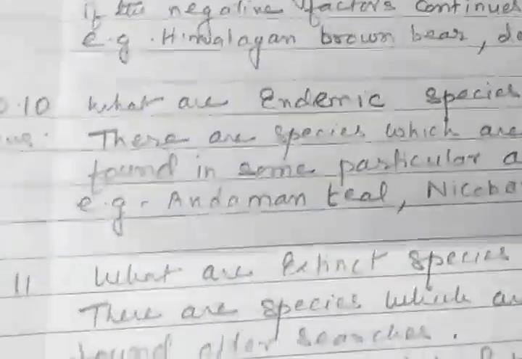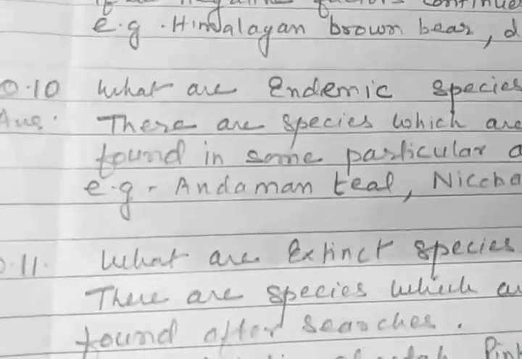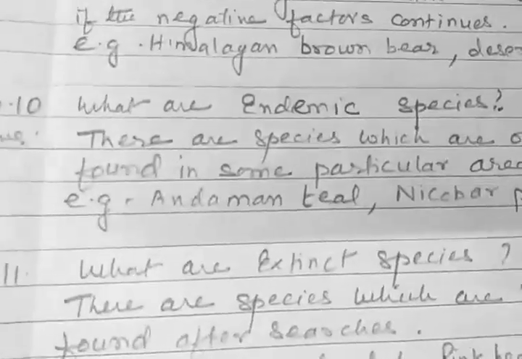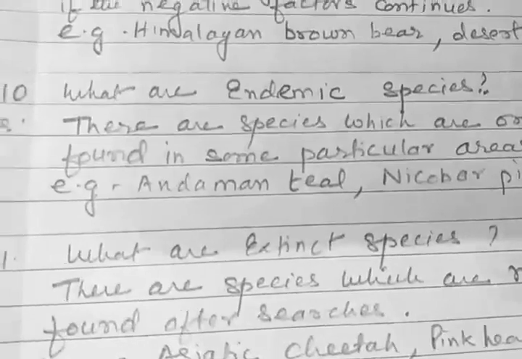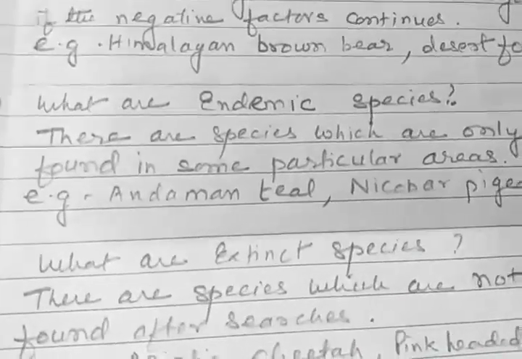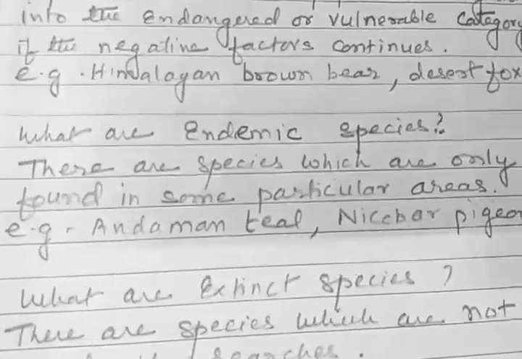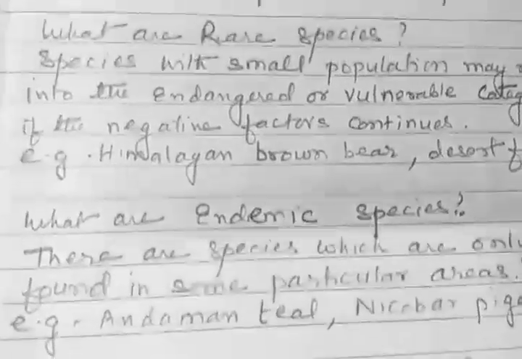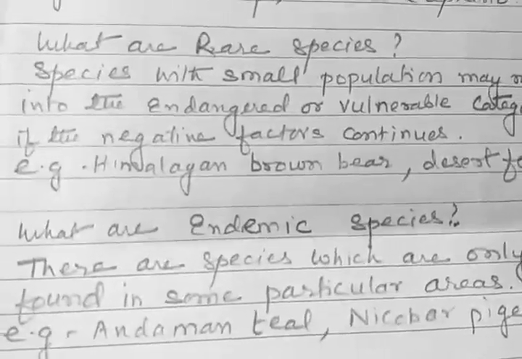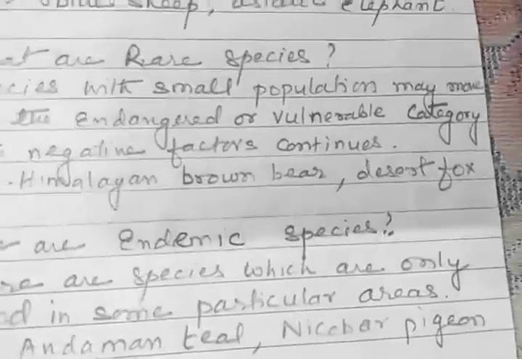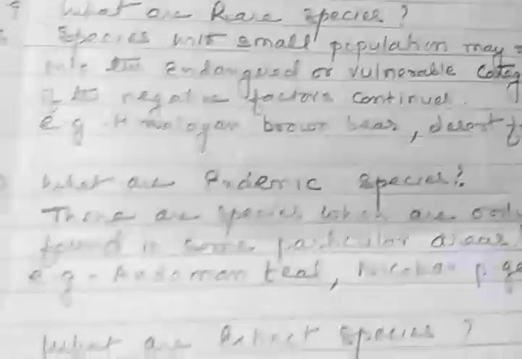Next, question 10, what are endemic species? These are species which are only found in some particular areas. Example: Andaman teal in Andaman Islands, Nicobar pigeon in Nicobar Islands.